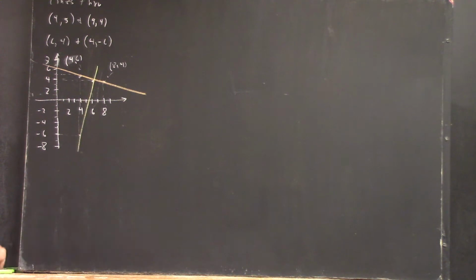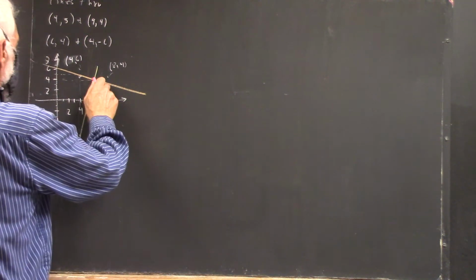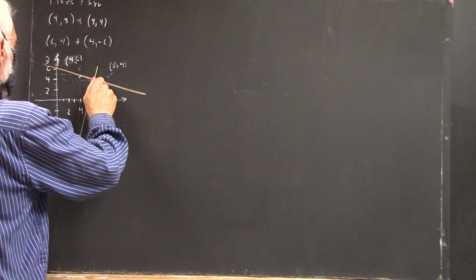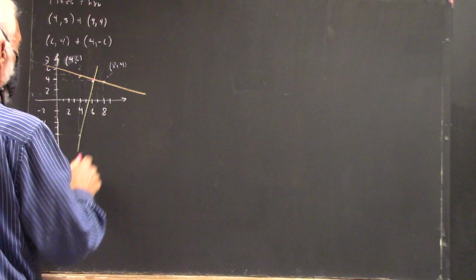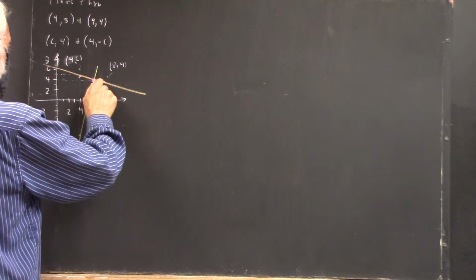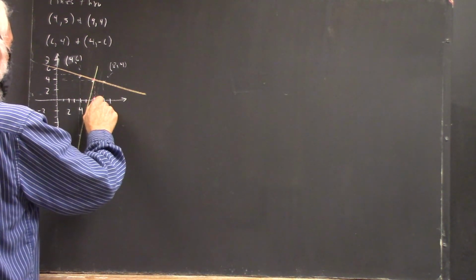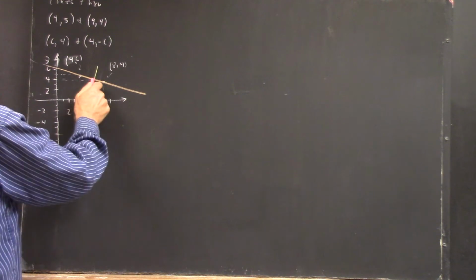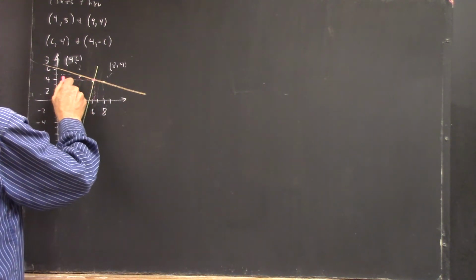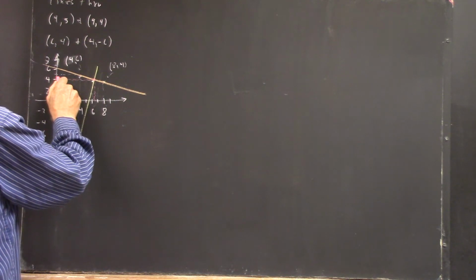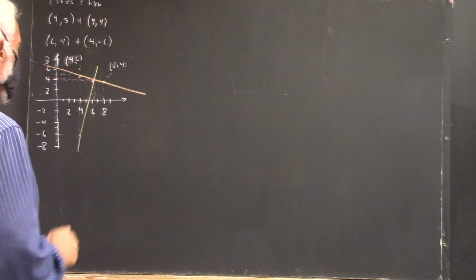Now the intersection point is going to be like 6.3 and 4.2.